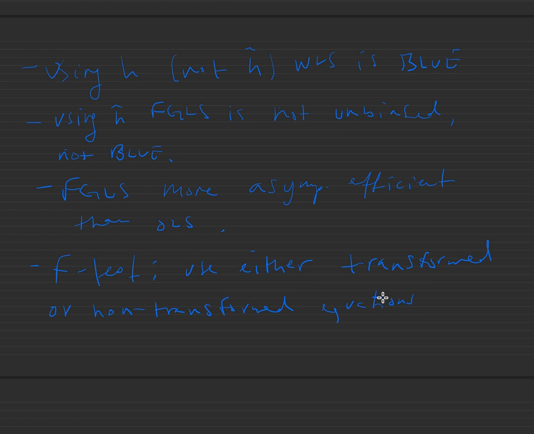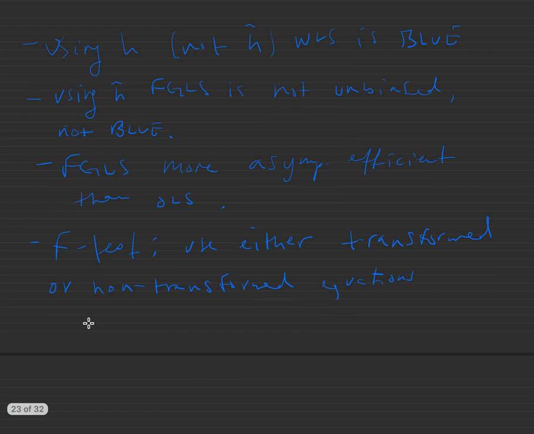You would not want to do an F-test where one equation has been estimated using WLS or FGLS and another equation has been estimated using OLS. A restriction between equations where the estimates have been estimated using two different estimators cannot be compared using the F-test.